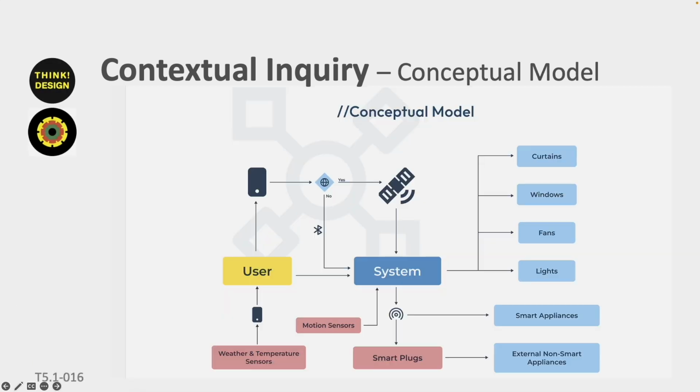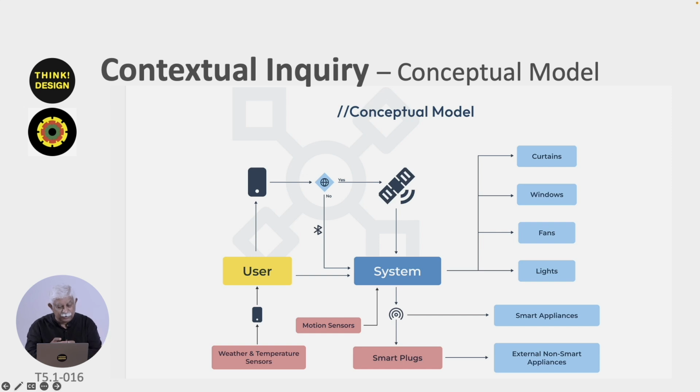So one of the things they did was a conceptual model of the user with the system, how the system will control curtains, windows, fans and lights. Okay, and it has motion sensors to find out if somebody is coming to the room or not. Okay, there's a temperature sensor, so it kind of knows what the weather is.